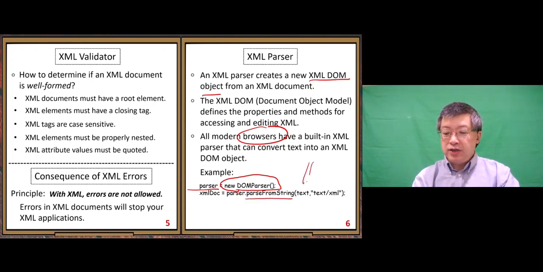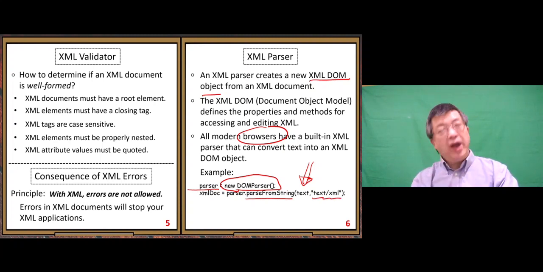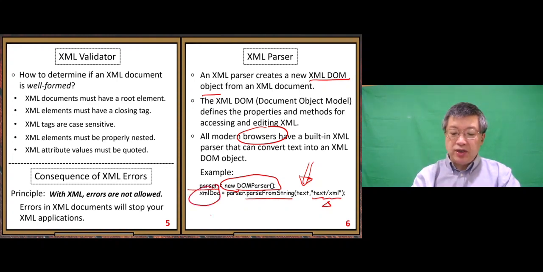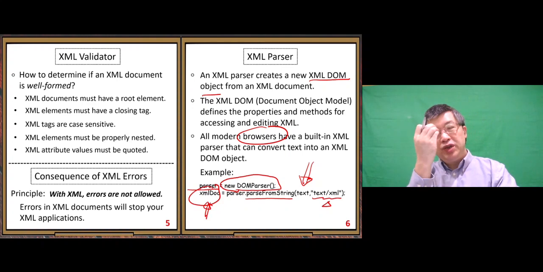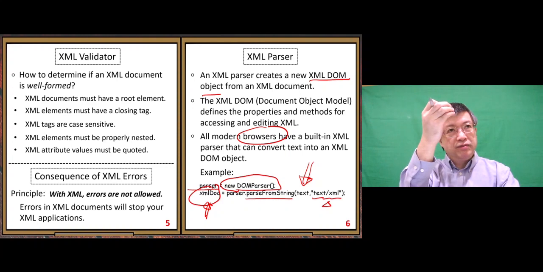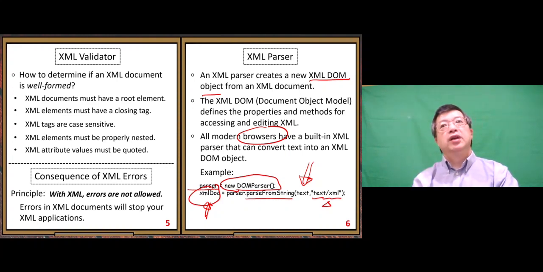The text is the XML text we want to process. Then we tell it the content type, text/xml. After that, we get this object, so we can retrieve some of the elements from it. In the next slide, I will show you a simple example.